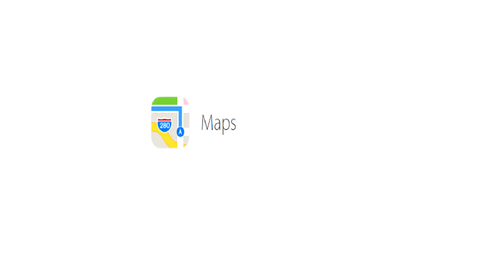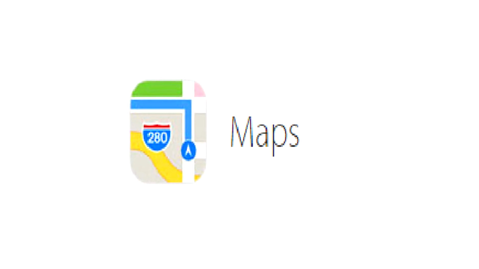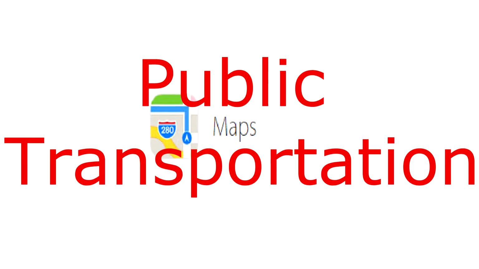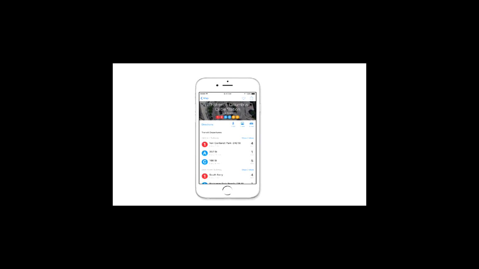Maps. Now the Map app has actually been updated to allow people that use public transportation to actually get to the place where they want to. So they've actually integrated public transportation into the Map app, so that, for example, if you want to get from one place to another using, for example, the tram or the tube/metro, it will show you the times, it will show you how long it will take you to get from one place to another.